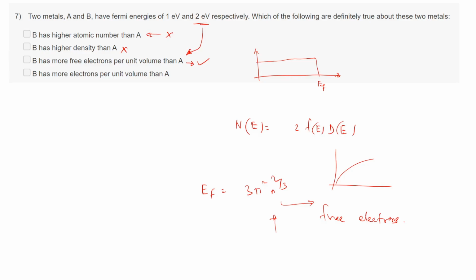You have to remember that it is the free electrons which are contributing here, and not the ones which are bound to the atoms. In our analysis, we are talking about ionic cores. There are ionic cores, and there are electrons which are roaming around freely.